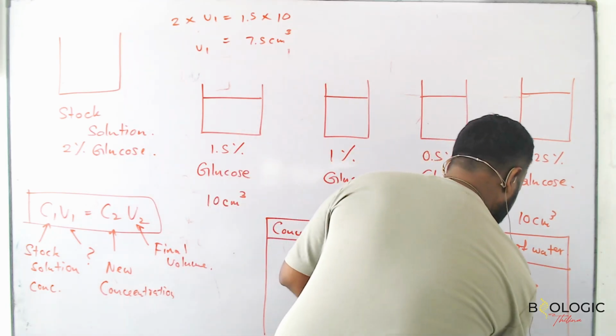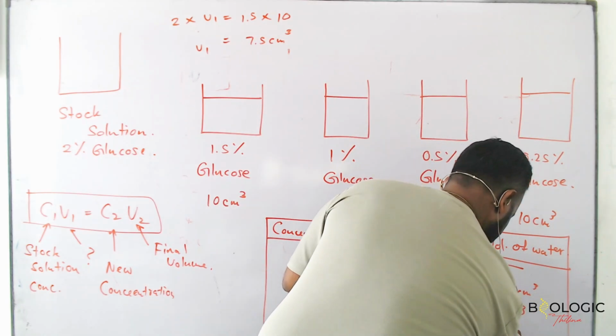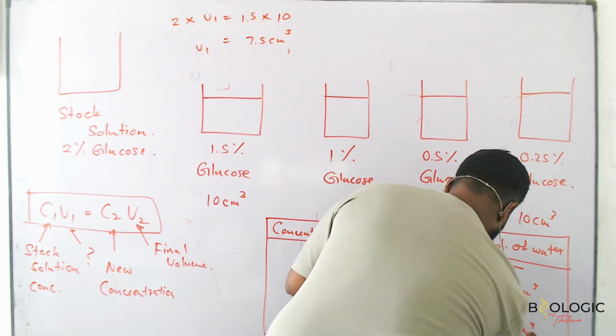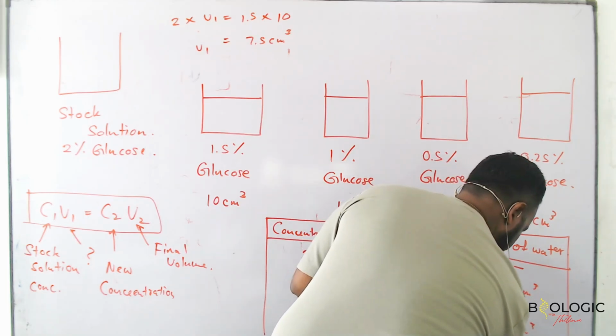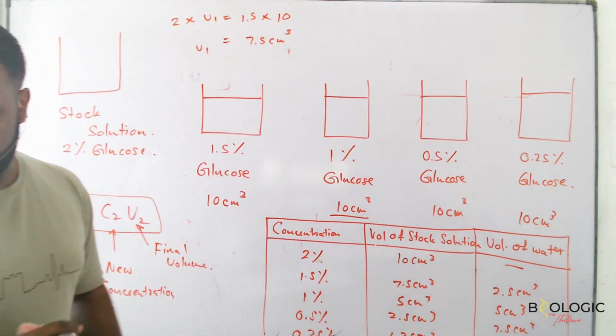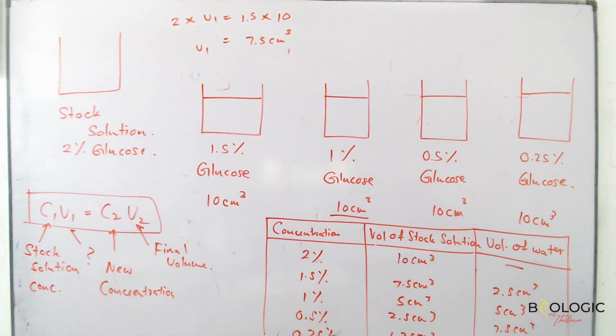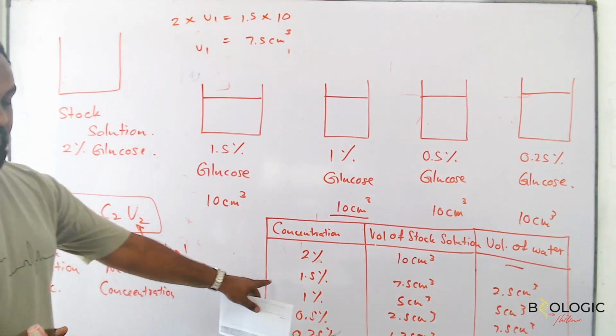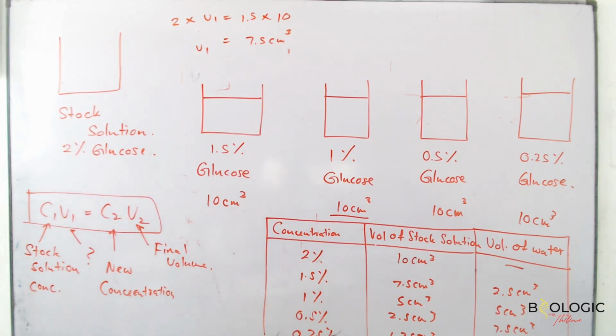Then here 5 cubic centimeter, 7.5 cubic centimeter, and 8.75 cubic centimeter. Like that. So you are going to prepare it now, okay? According to this. In all the experiments, so you prepare this, then you prepare yourself.